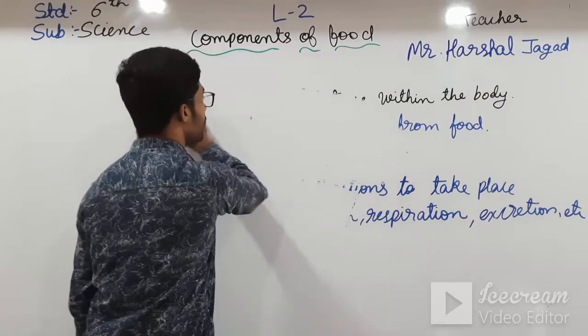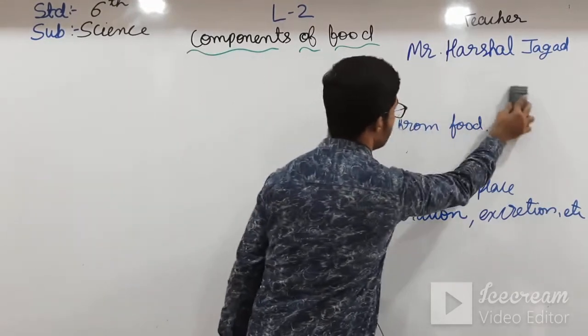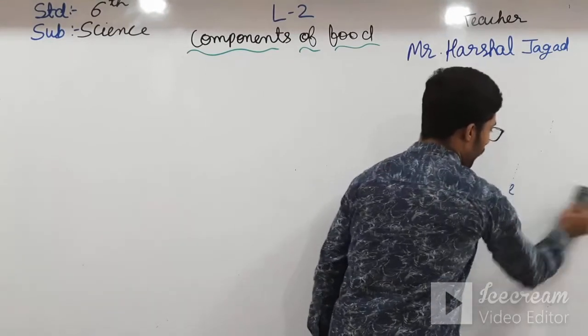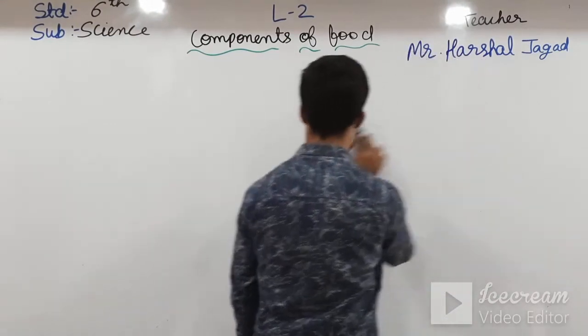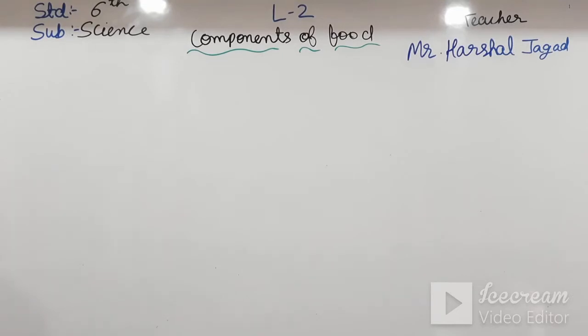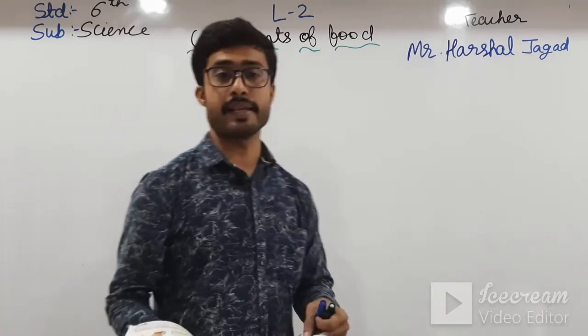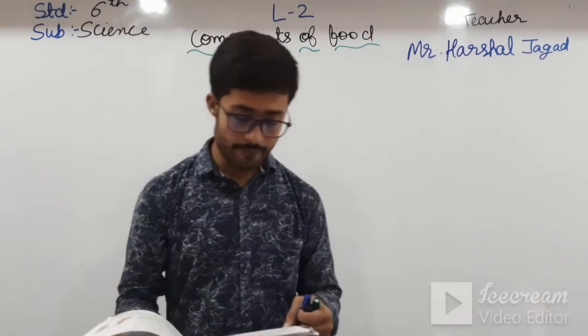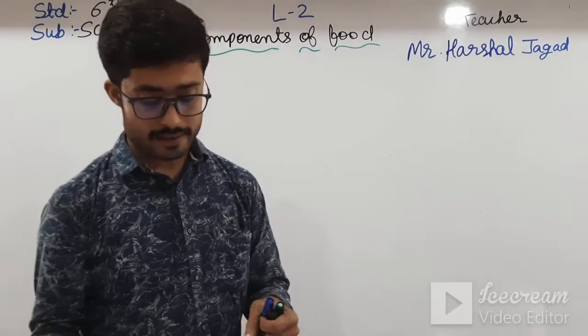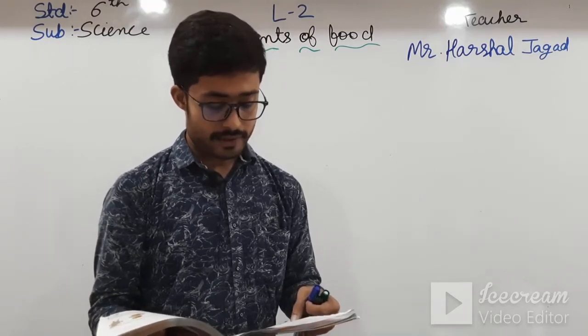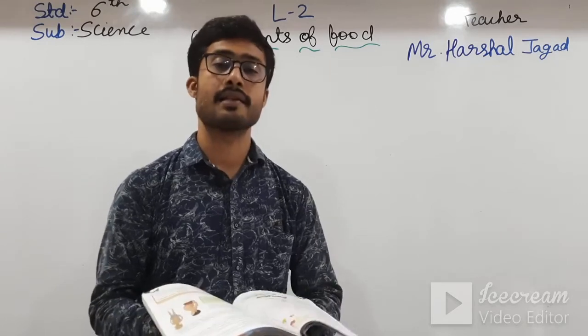We should eat healthy food, not this junk food, for a proper diet of our body. In this lecture we will just discuss balanced diet and not go deep. The balanced diet definition: a diet that contains the right amount of different components of food required for healthy functioning of our body is called a balanced diet.